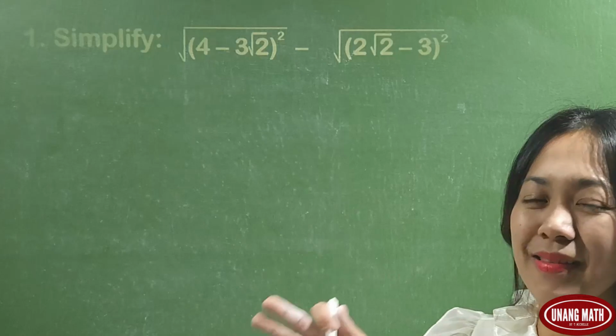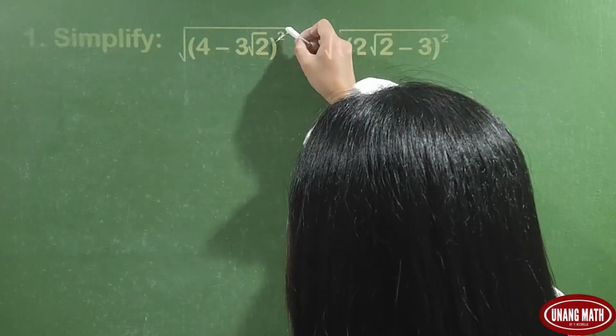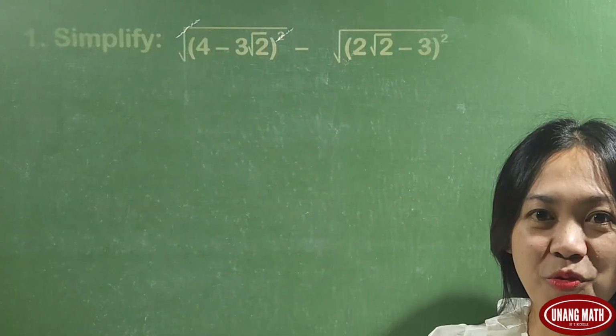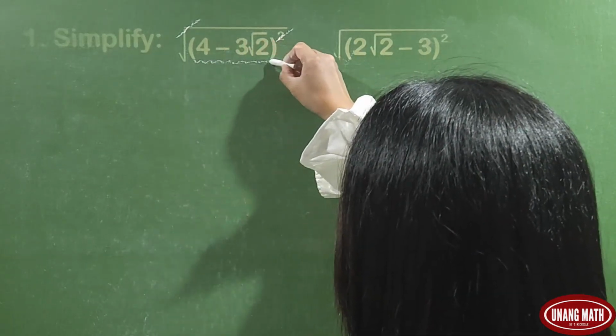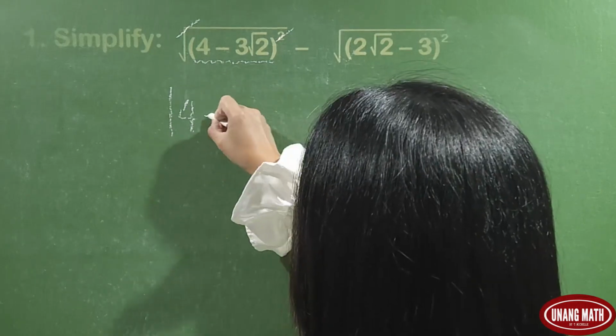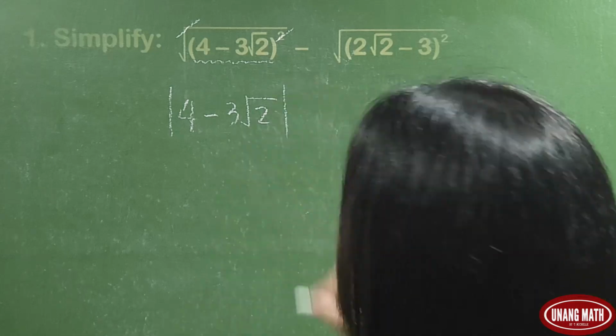Okay, in our past lesson, we already learned that this exponent 2 and this radical sign will be removed. And then, we will get the absolute value of this number. So, we will write this as absolute value of 4 minus 3 square root of 2.